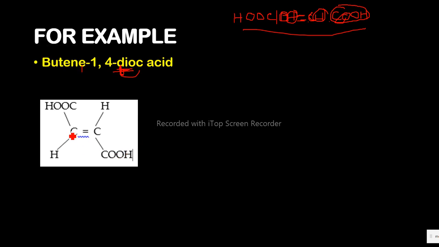Why trans? Because see, this is the position of the double bond, and these are the atoms attached on the carbon atoms with the double bond. This double bond does not allow free orientation, and so the molecule is planar.